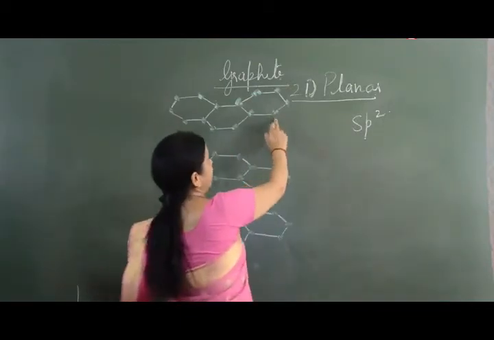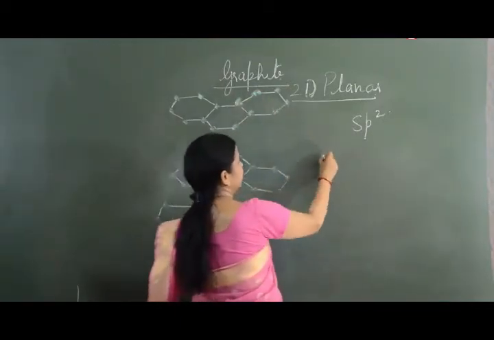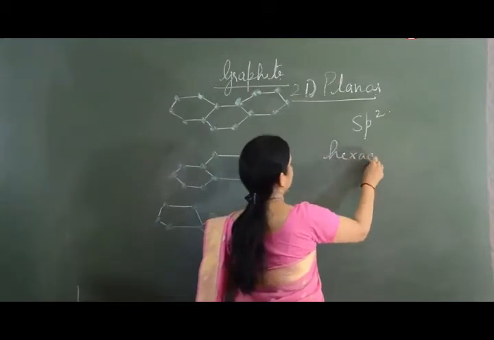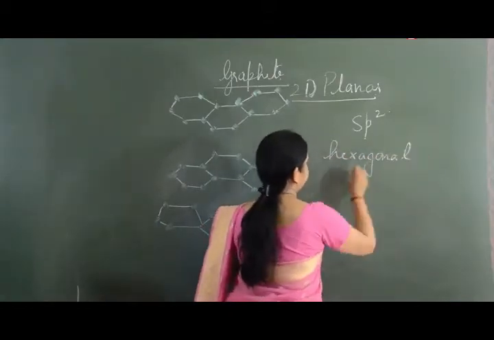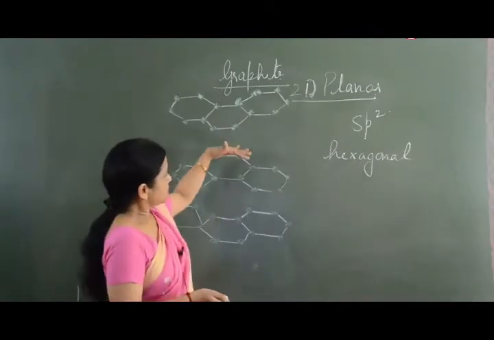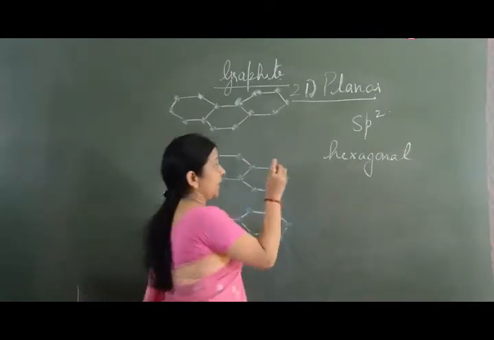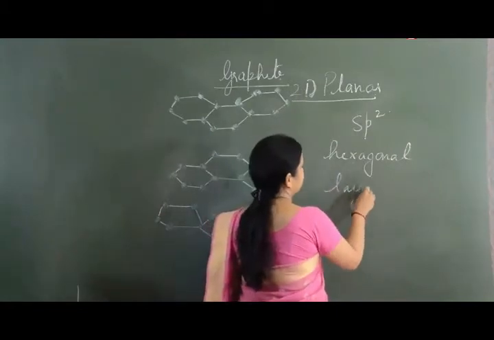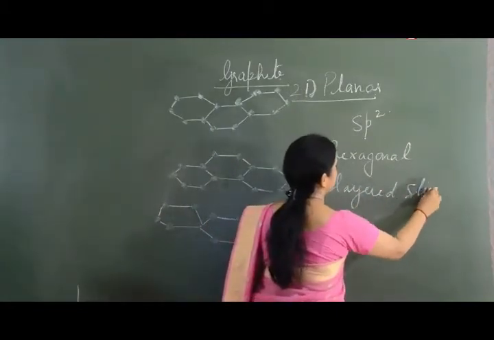Then if we see the arrangement of carbon, it is hexagonal, plus it is present in layers. So hexagonal arrangement, and it has got a layered structure.